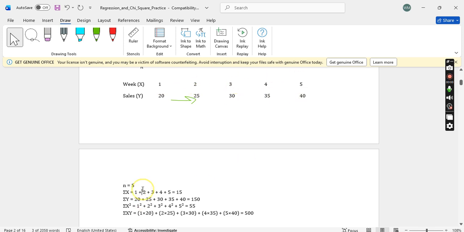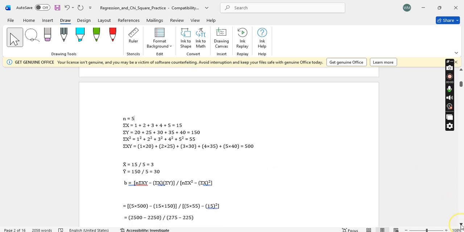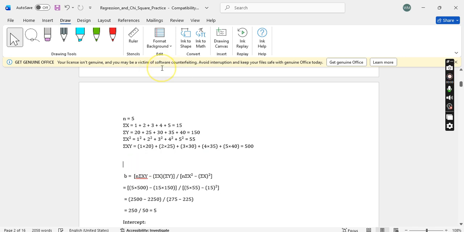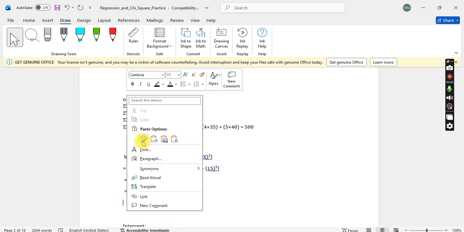So n is 5. Are there any questions before we put this in the formula? Okay, so I'll put this in the formula.